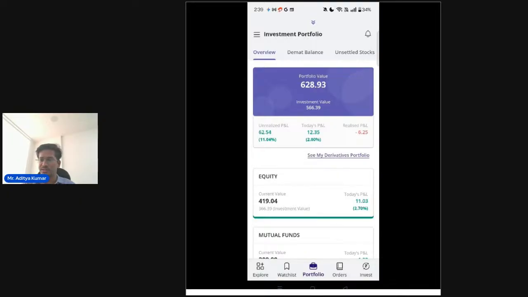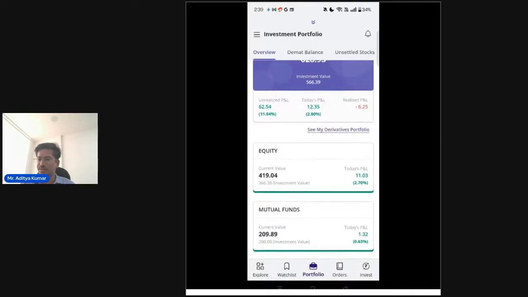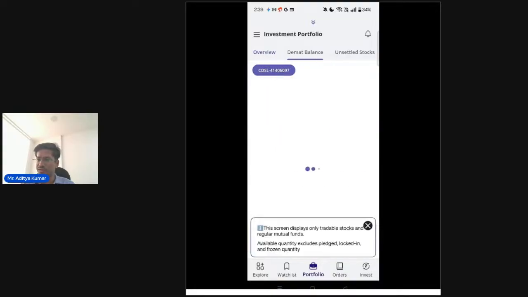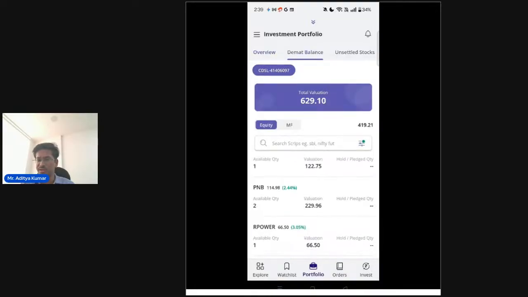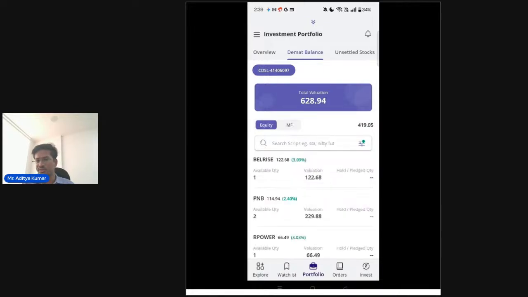Below, you can see that you have invested in equity and in mutual funds, and after that, in the demat balance, you can see the stocks, equity, and MF return. This equity section tells you the list of all the shares you own.